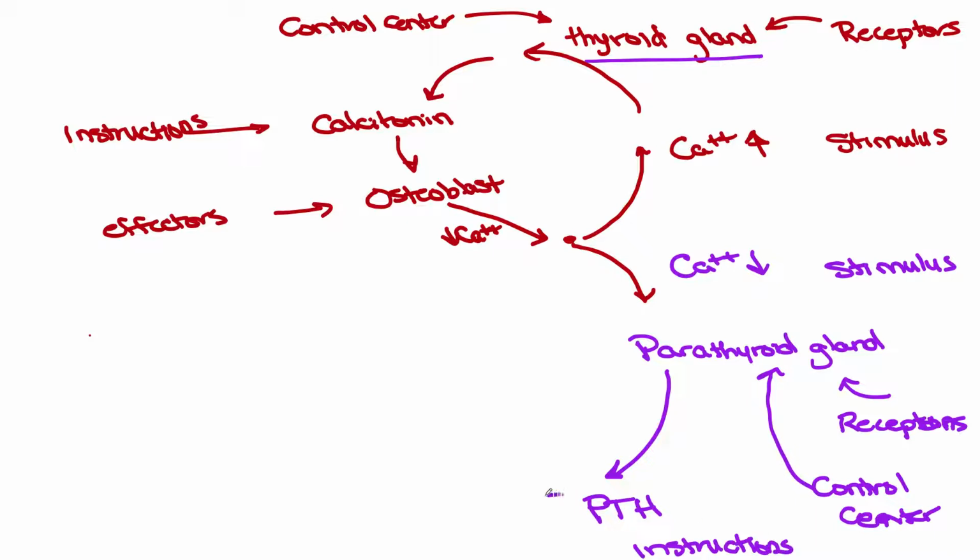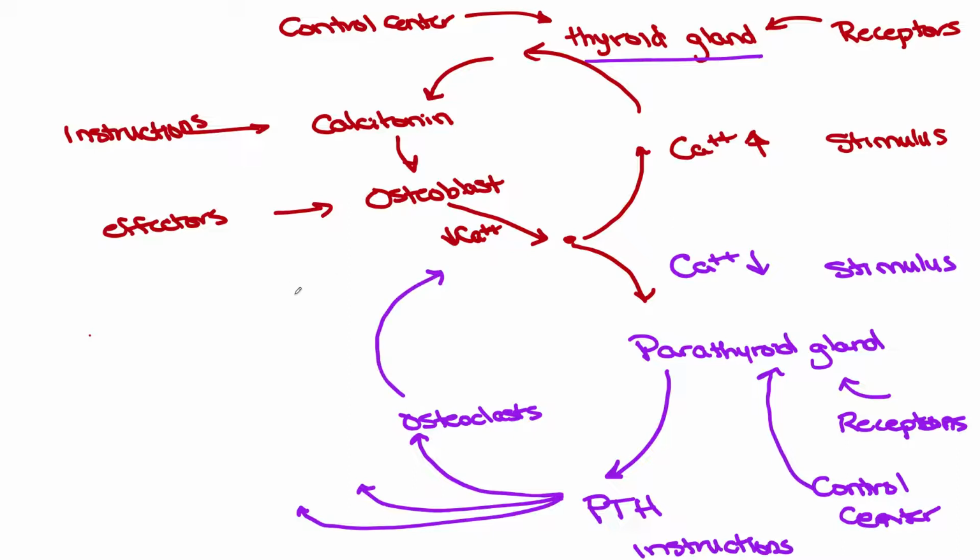Parathyroid hormone is going to act on several different targets. The first target is going to be our osteoclasts. Osteoclasts are going to break down bone and release calcium into the blood, so it's going to increase calcium levels.